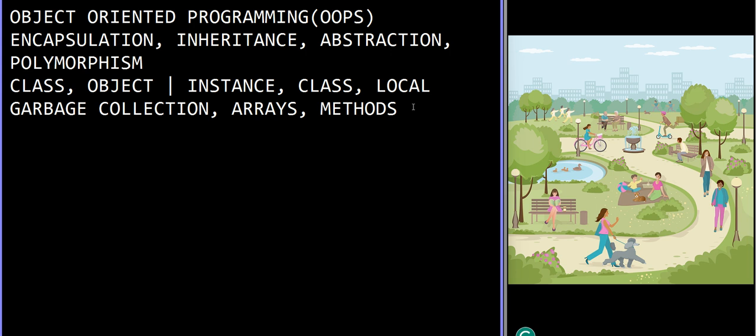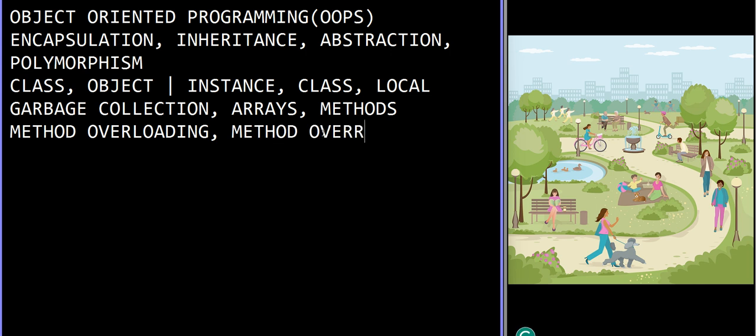After that we have some concepts on methods, that is method overloading. That means it has the same name but different parameters. For example, add with two parameters, and when it is overloaded, add with three parameters. After that we have method overriding.